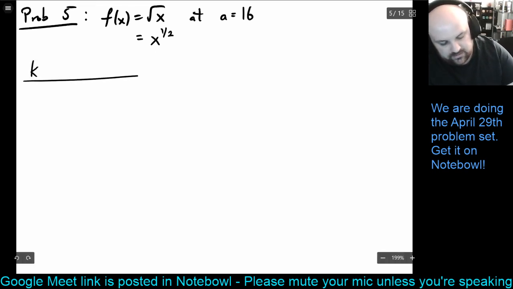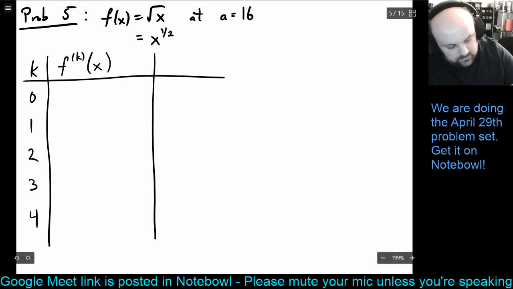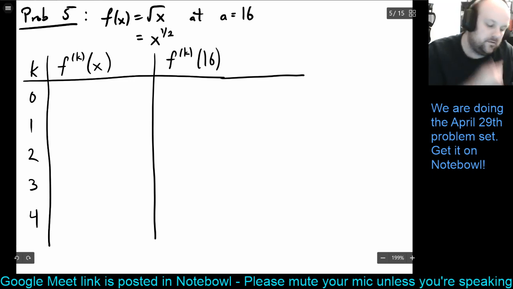So here we have k, 0, 1, 2, 3, 4. Right. f^k of x. Actually, let's leave a little more room there. And f^k of 16.